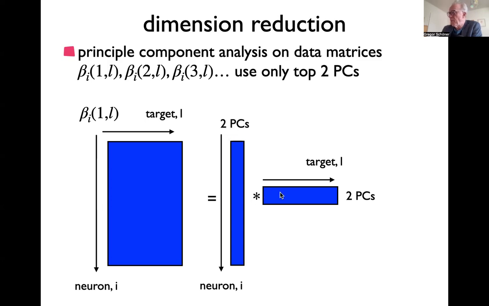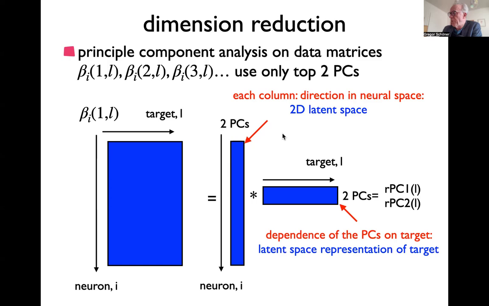And then what you now need to know is how these 2 PCs account for all the different targets. So you could think of these columns as spanning the latent space. Now, in the neural space, there are some directions of the latent space. And then the dependence of the amplitudes of these two PCs, they are called this in the figures after some normalization.